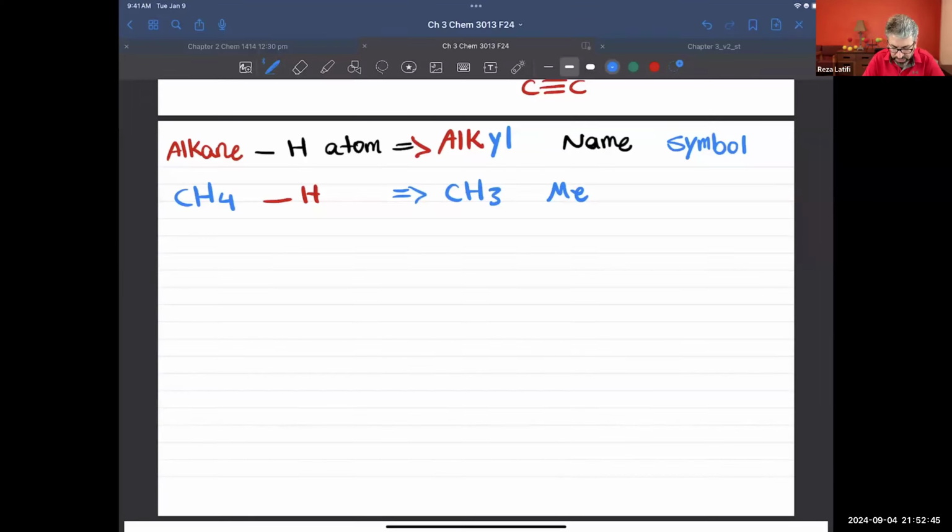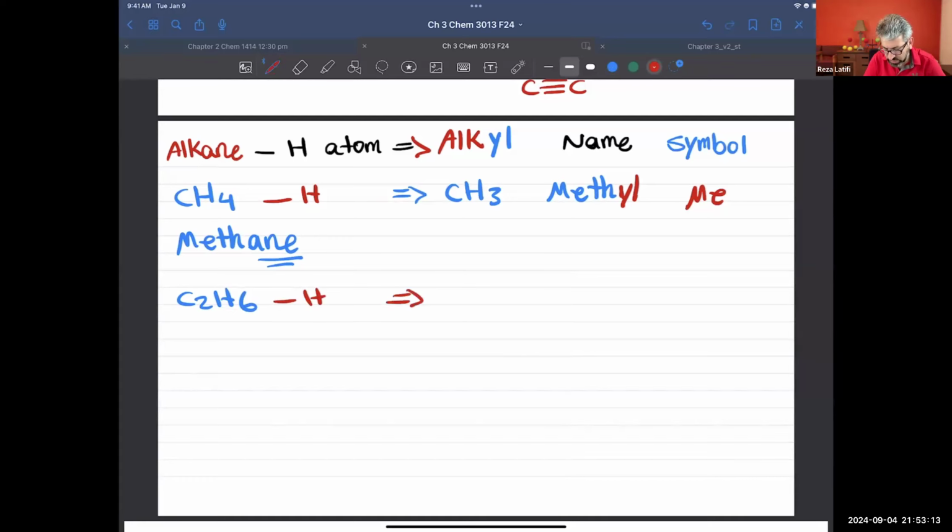So I had methane. Now this one is going to turn into methyl, and ME is the symbol for it. I can practice this for the rest of them. How about C2H6 minus one hydrogen?